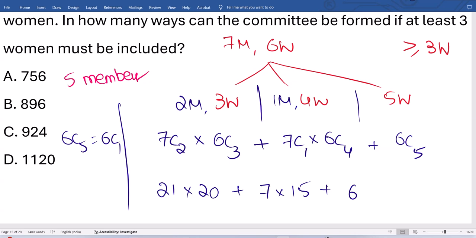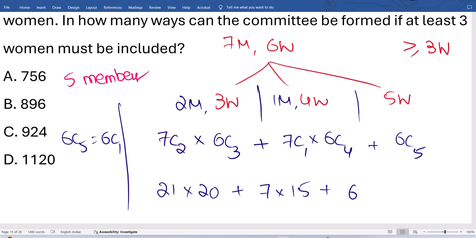Instead, use this logic: among 6 people, I select one person and reject him. Is it the same? Among 6 people rejecting one person, or among 6 people selecting 5 people, both are the same. That's why 6C5 equals 6C1.